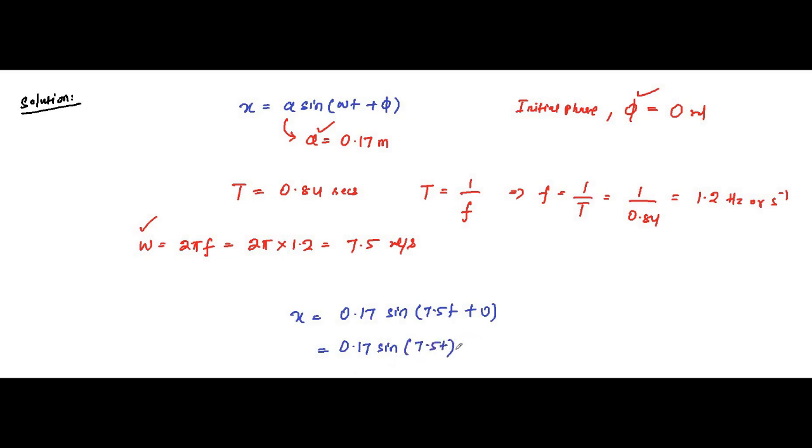This is the SHM equation. We have determined the time period, from the time period the frequency, the angular frequency, and this is the displacement equation. So a very basic thing.